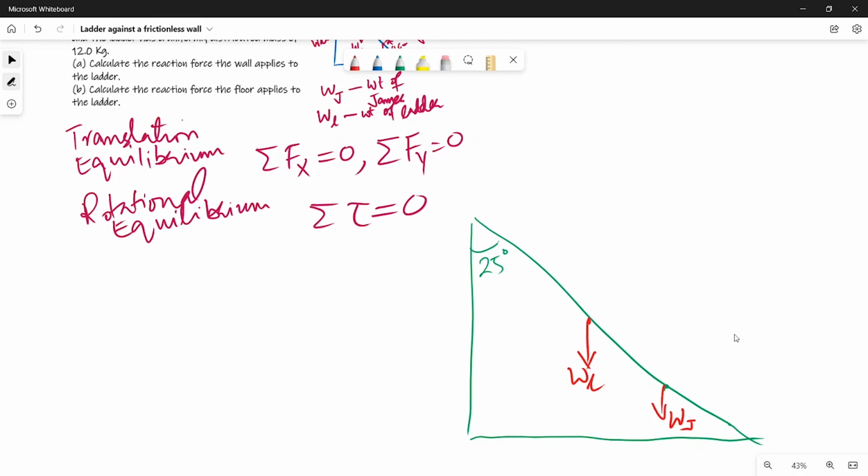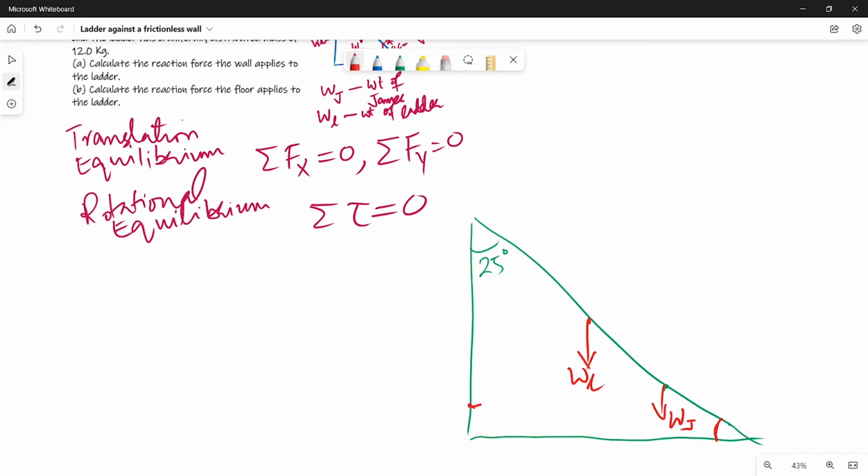Here I have again drawn the diagram in green, and we have Wj, which is the weight of James, and WL, which is the weight of the ladder. We will do it by rotational equilibrium. First, let's look at this angle here.